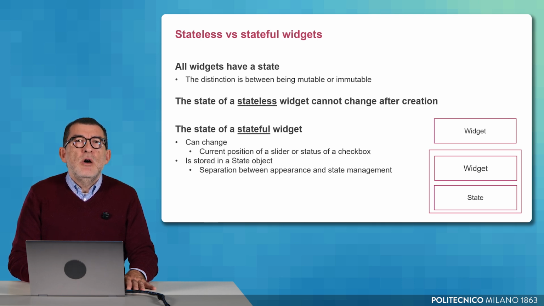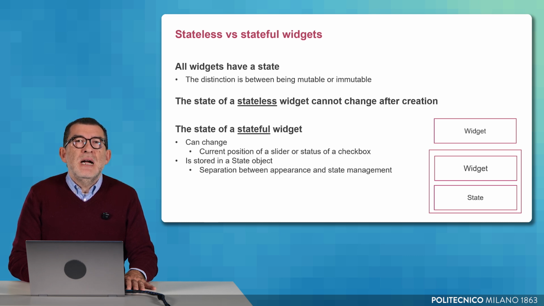The state of stateless widgets is fixed after they are built, while stateful widgets can manage and update their state throughout their life cycle. For example, the position of a slider or whether a checkbox is checked can change during a widget's life cycle, and these are pieces of dynamic state.